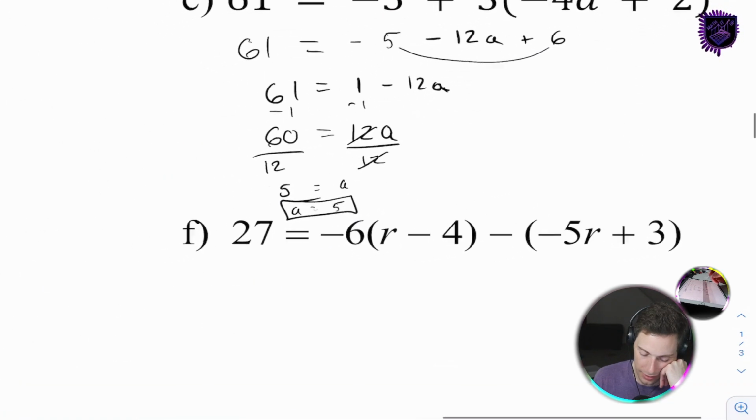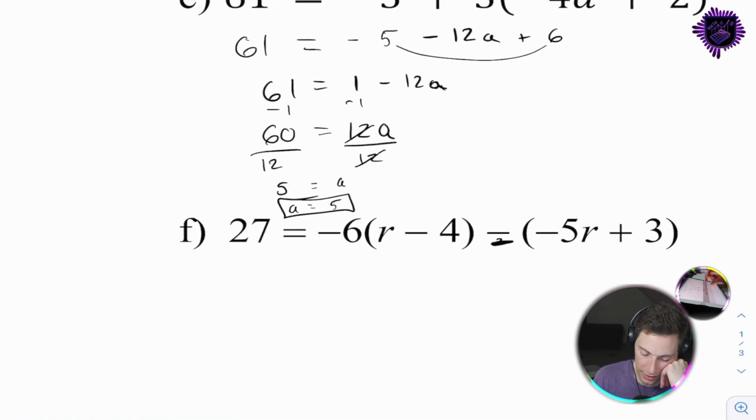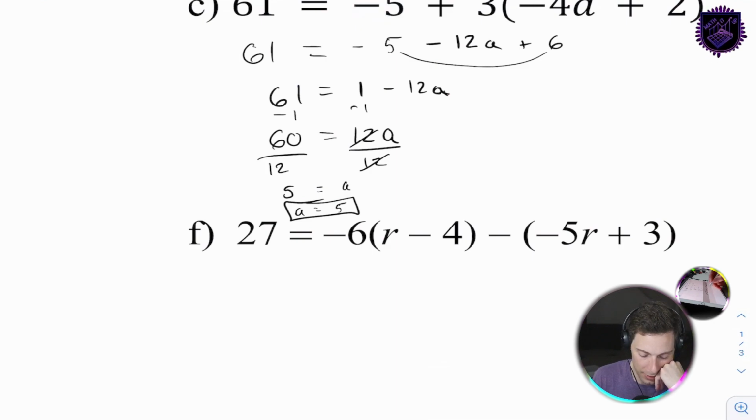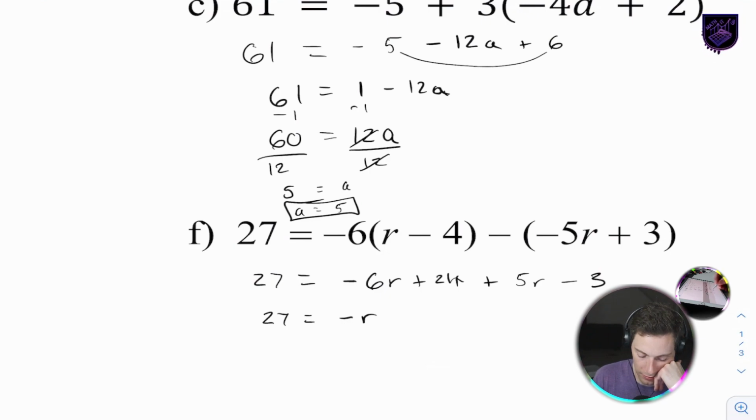All right, again, distributing the negative sign. That is weird. Okay, this is 27 is equal to negative 6r plus 24 plus 5r minus 3. 27 is equal to negative r plus 21.